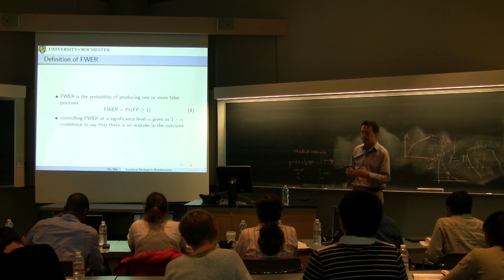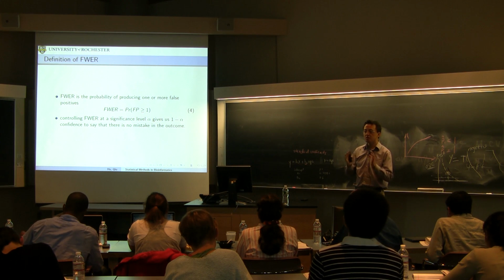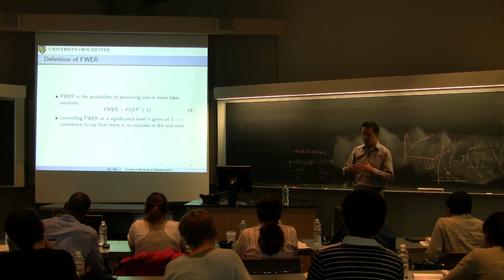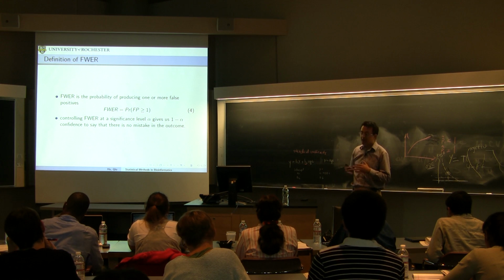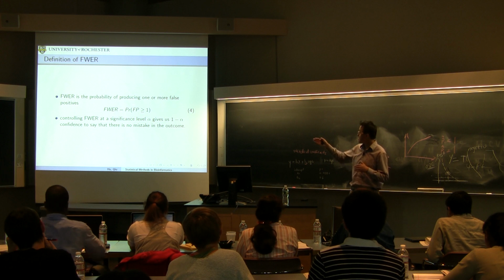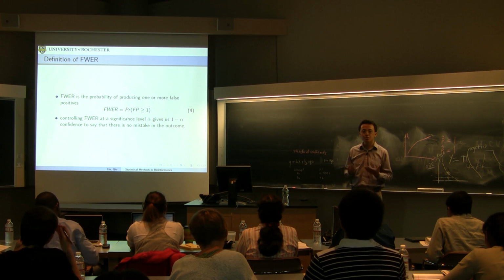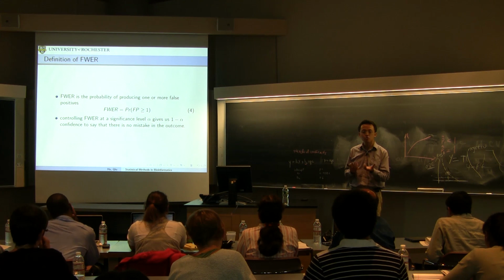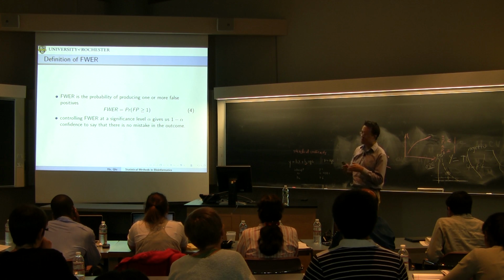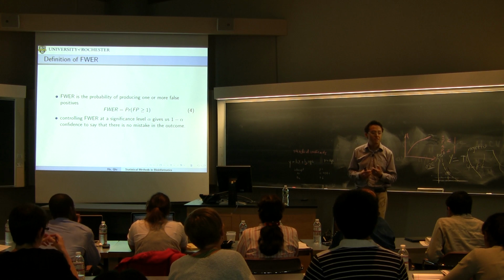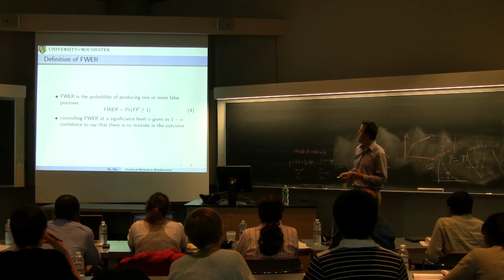If after you conduct all the tests you get this probability controlled under the significance level, for example 0.05, you are pretty much sure all your finalists are truly differentially expressed, because the chance there is at least one false positive is only 0.05. So it's very small.